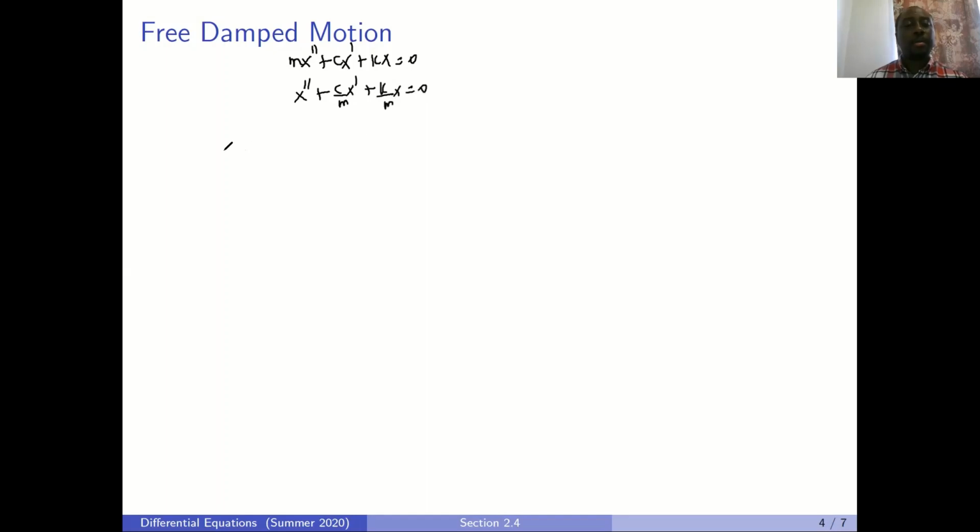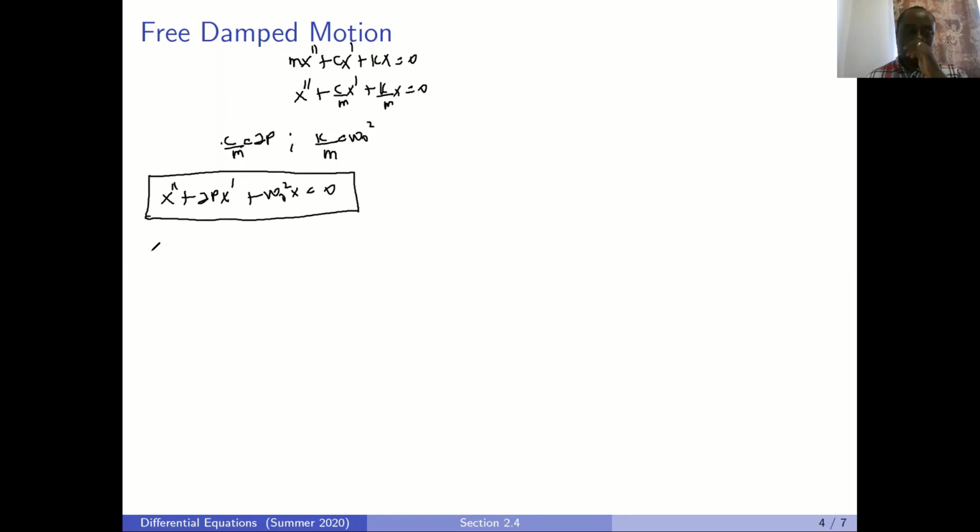Now let's call c over m, let's call that 2p. The reason will become clear in a moment. And then we're going to continue to call k over m w0 squared. Right. So now we can write this as x prime prime plus 2p x prime plus w0 squared x is equal to 0. And our goal is to find a solution to this equation given some initial conditions.